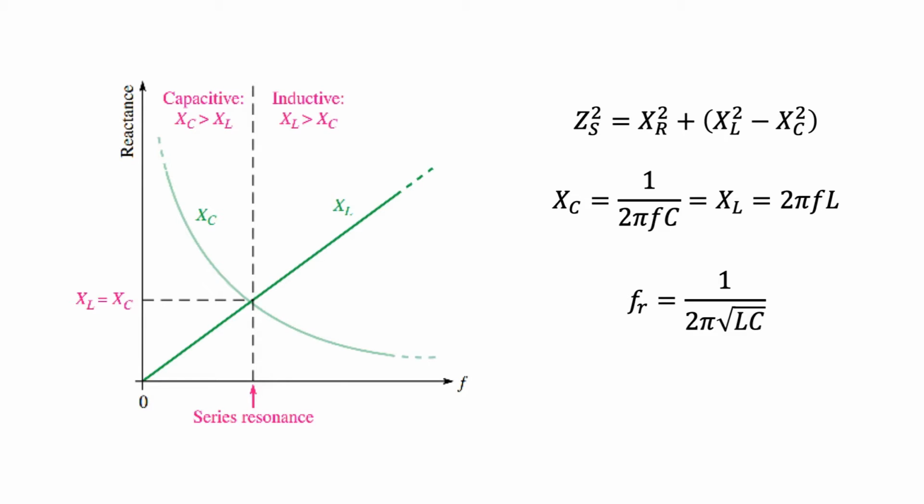This is the condition for resonance. We can then solve for the resonant frequency of the circuit by equating XC and XL with each other. Solving for f, we have 1 over 2 pi square root of LC.